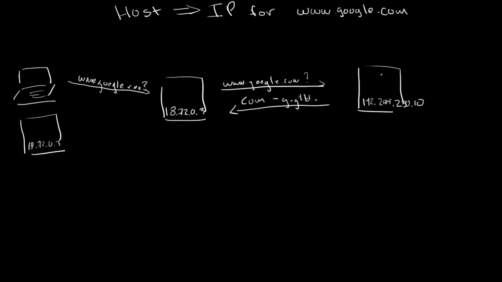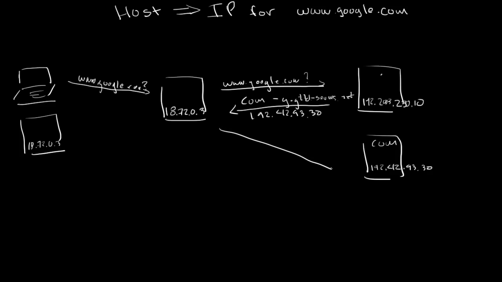This happens to be a real server, .net, and the IP, the most important part, is 192.42.93.30. Now we could use that to go to that server. So it's 192.42.93.30, and this would be the COM servers.